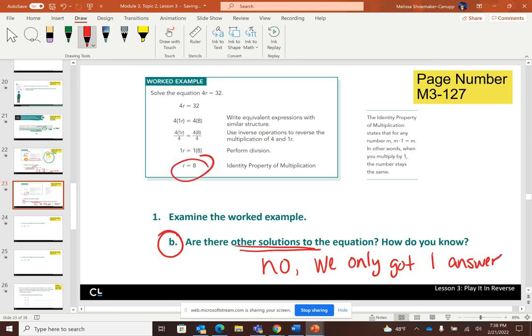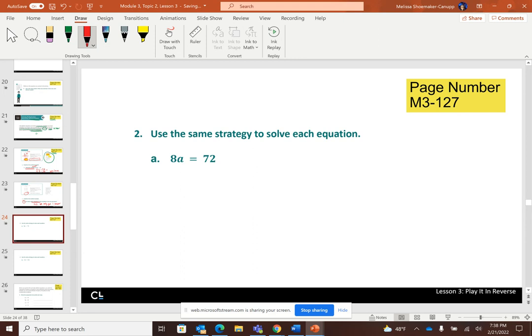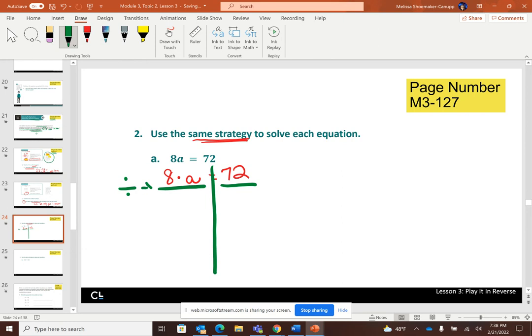Okay, let's try another example. Use the same strategy. So remember, this is 8 times a equals 72. So the opposite of multiply is divide. Remember, we were putting this line here, doing the same math on each side to keep our teeter-totter balanced. And the fraction bar means divide. So we divide by 8 because we are isolating or getting a by itself.